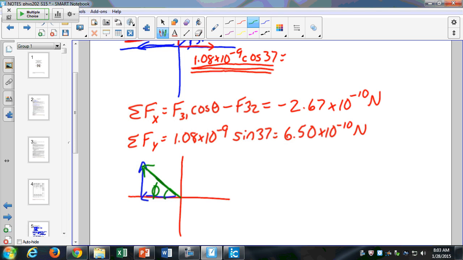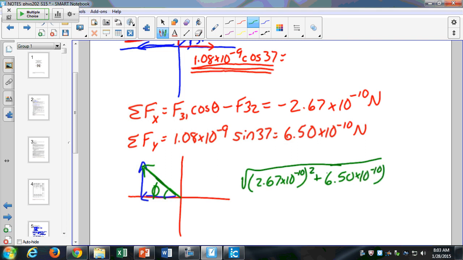All right, so to find the magnitude, I say the square root of that squared plus that squared. And when I do that, I get 7 times 10 to the minus 10 newtons.